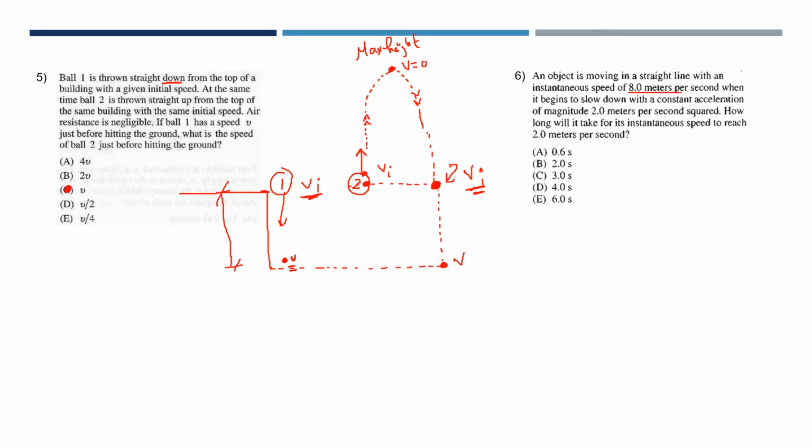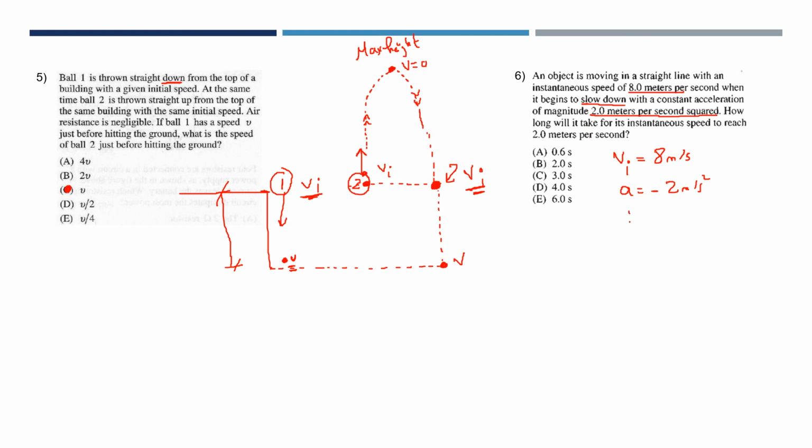So we have an initial speed of 8 meters per second, and it begins to slow down. So we have a negative acceleration. The acceleration is negative 2 meters per second squared because it's slowing down.